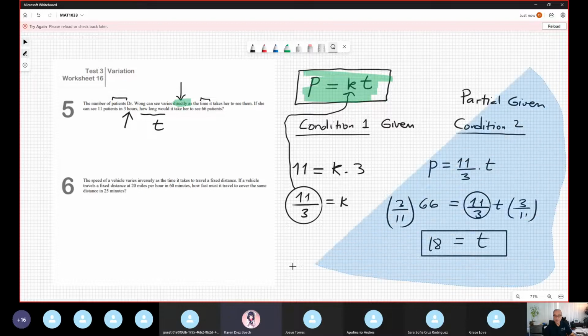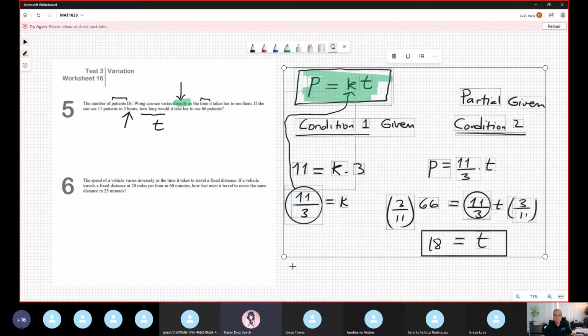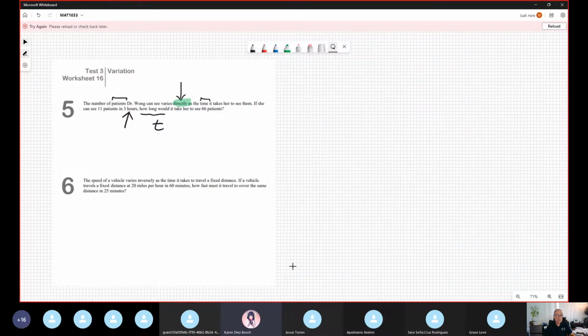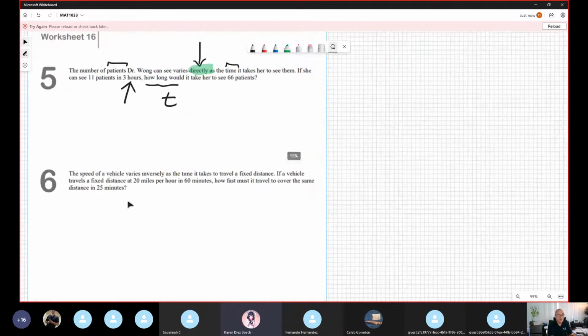The problem 6 says the speed of a vehicle varies inversely. Oh, speed. I suppose that the first variable is speed. Speed, let me call it, what? I can call it speed.